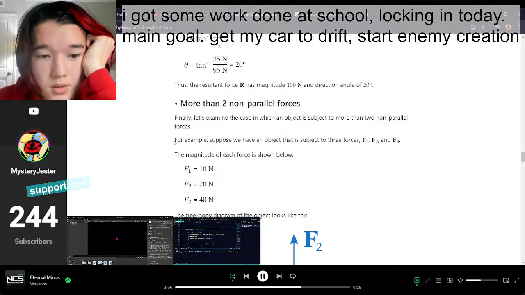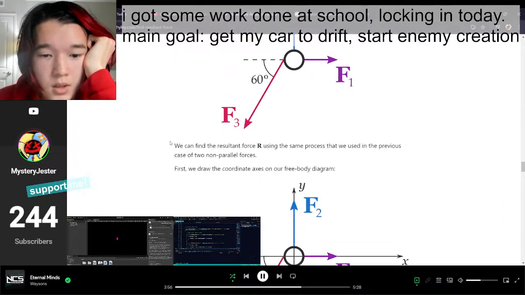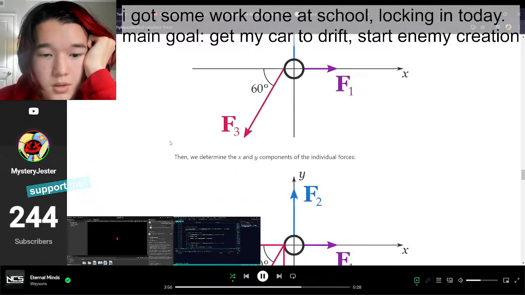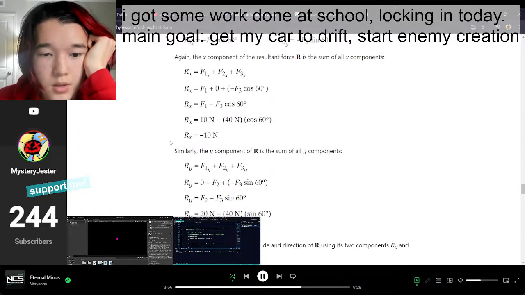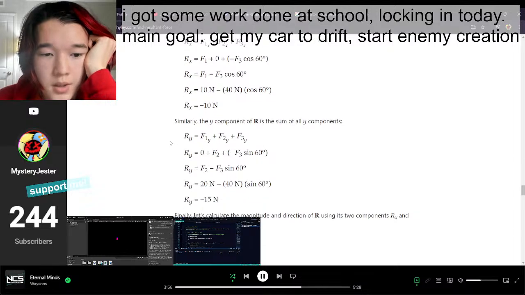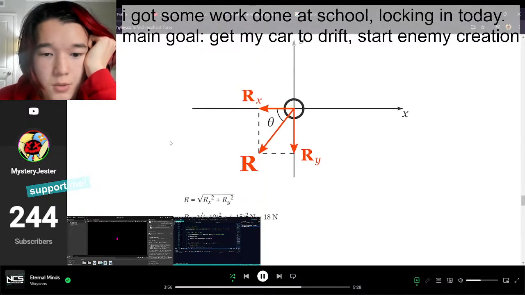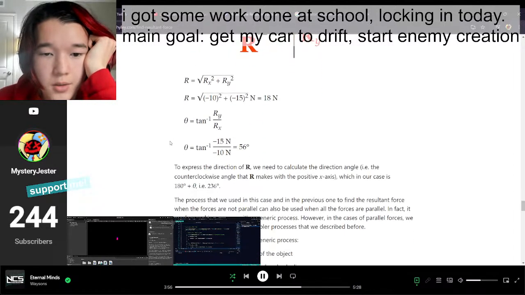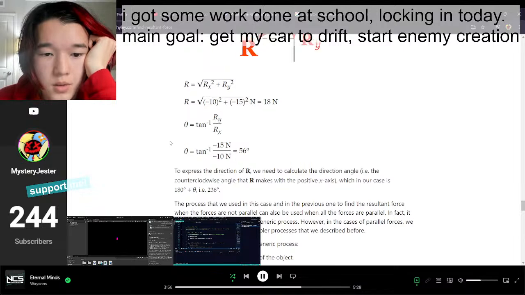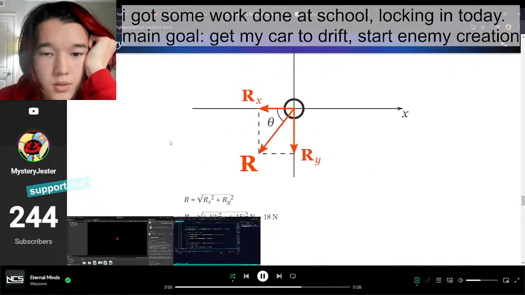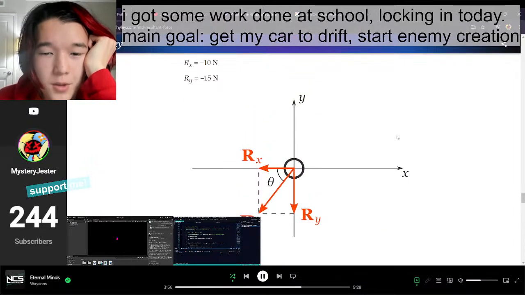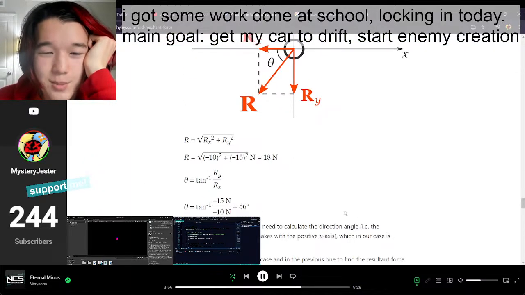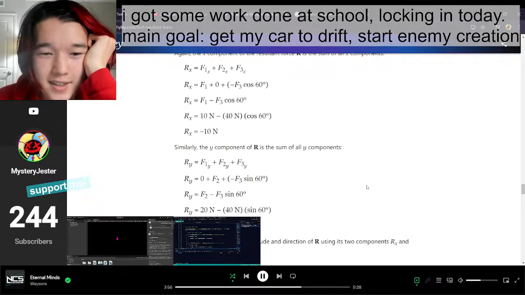Well, let's examine the case. I think you just do the same thing to all of them, right? Yeah, you just do the same thing to all of them. And then you sum them all based off of x and y. And then you use Pythagorean theorem. Because you only have one x and one y. And then, if you wanted to do it along the z-axis, you just do this process twice, and then take these two and do the same thing again.